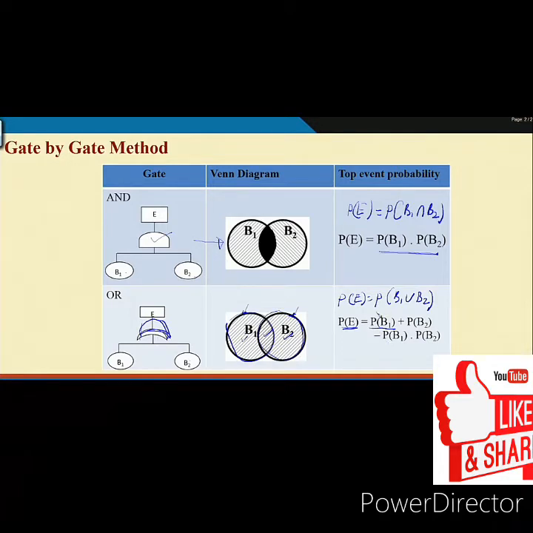So, by adding probability of B1 and probability of B2, you are adding this overlap portion twice. What is this overlap portion? That is the joint probability, intersection, P(B1 and B2). So, one subtraction is required. That is P(B1) plus P(B2) minus P(B1 and B2). So, if it is an OR gate, you will use this formula.